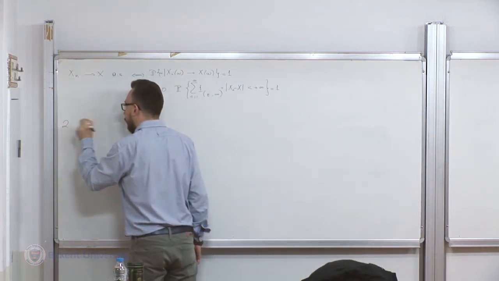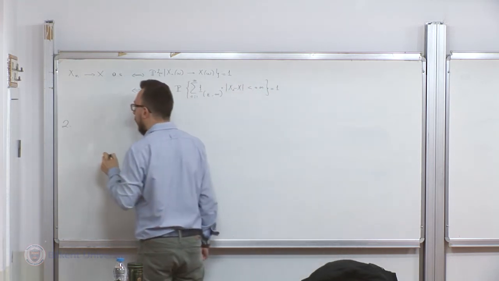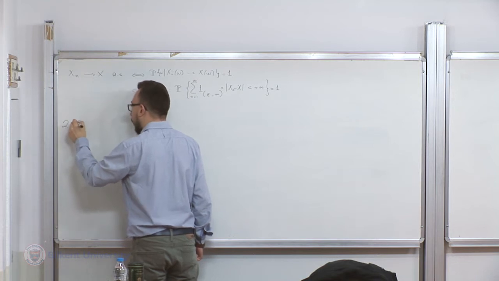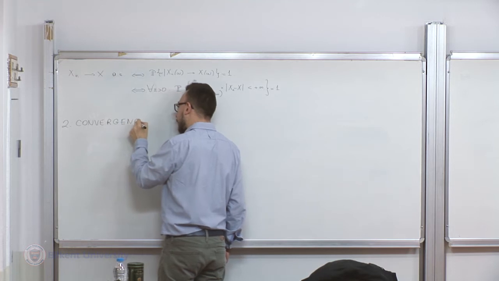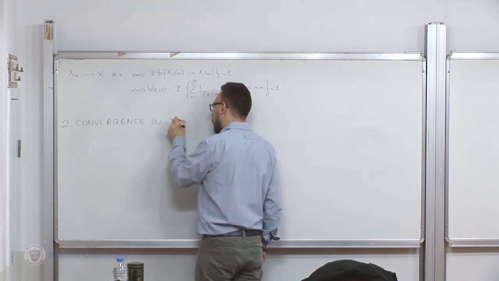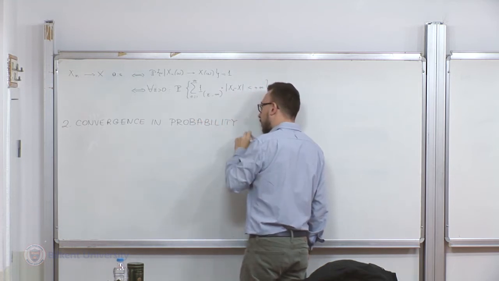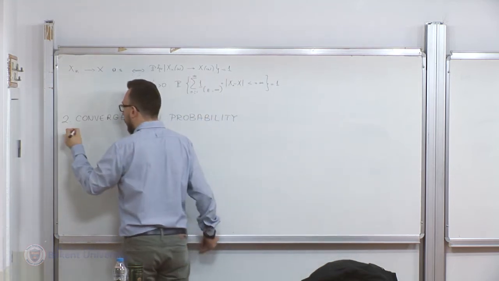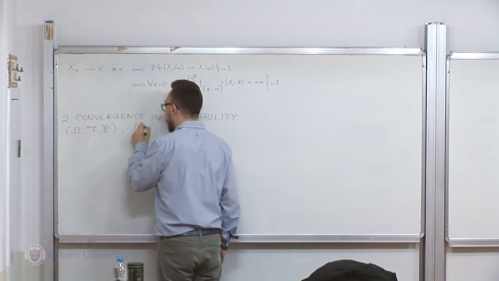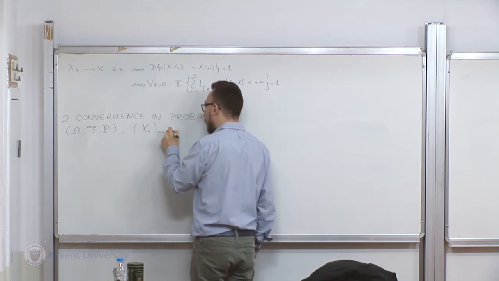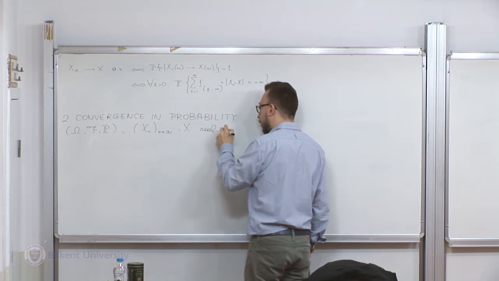So what we're going to discuss today is a second notion of convergence that is weaker than almost sure convergence. This is called convergence in probability. So again, we have a probability space (Omega, F, P) and some random variables Xn that are real valued, and another random variable X that is also real valued.